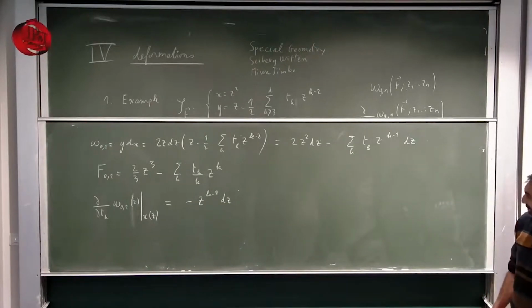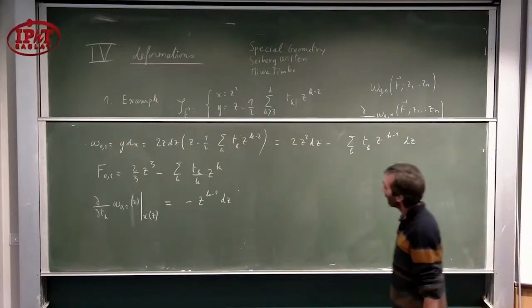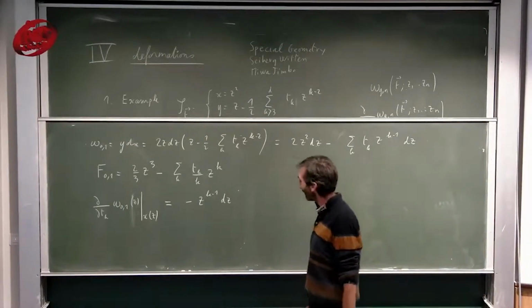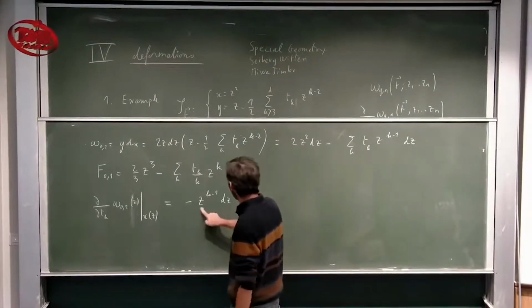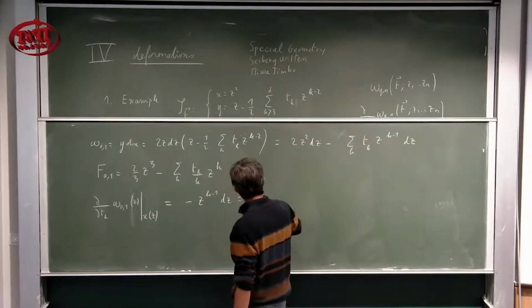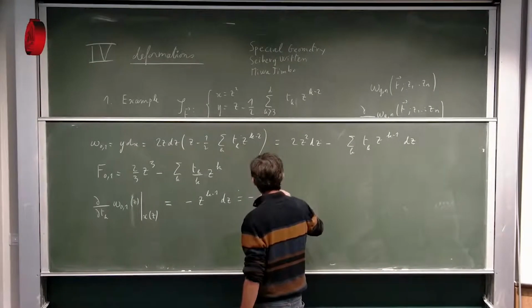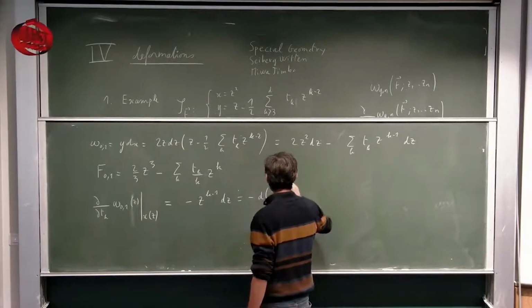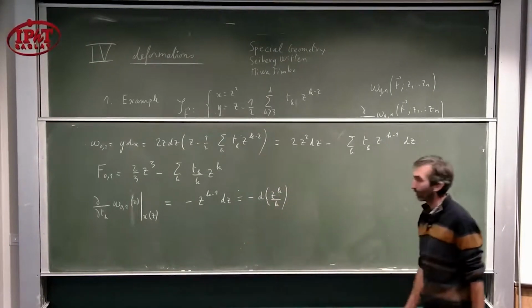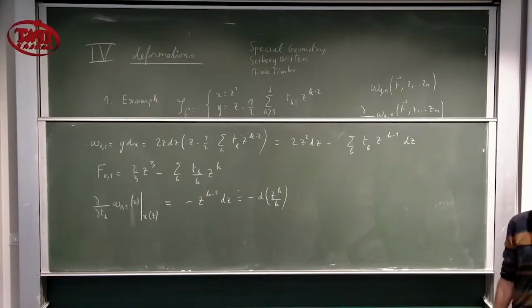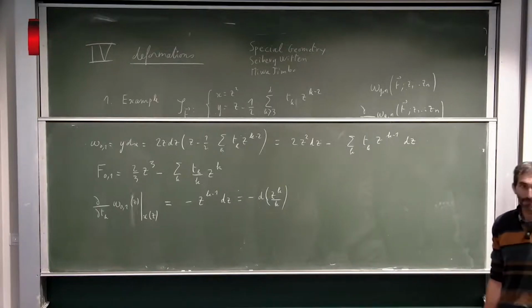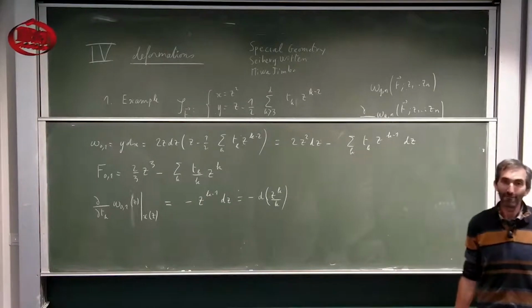Okay. So far so good, but I would like to write it in another way. Let me remark that this is indeed the differential of z to the k over k. And a differential can be computed by taking a residue of a double pole. A residue of something which has a double pole will compute the derivative.